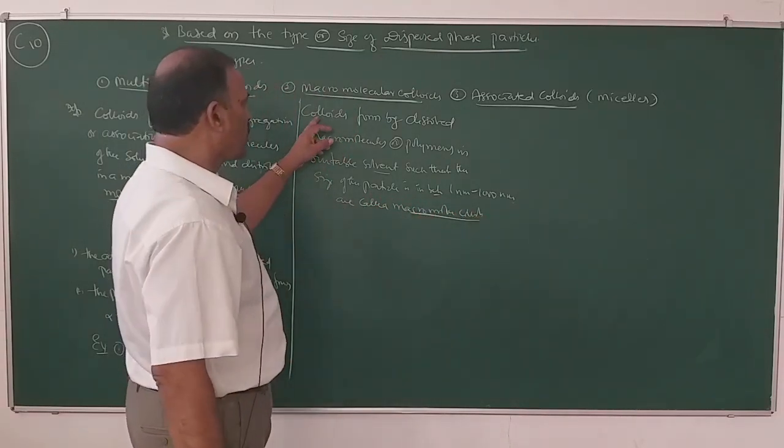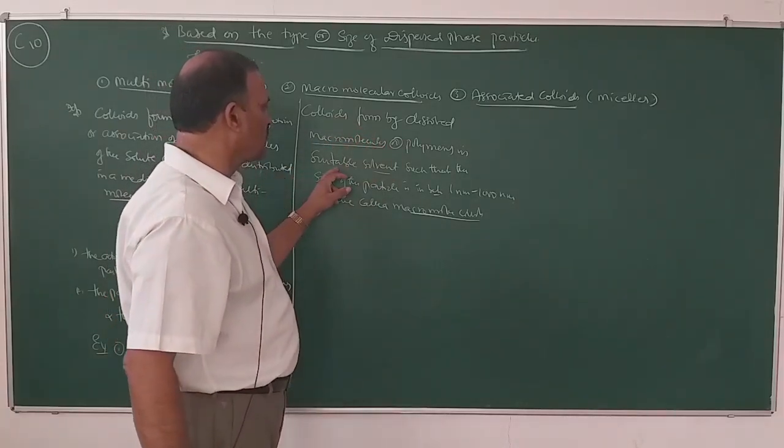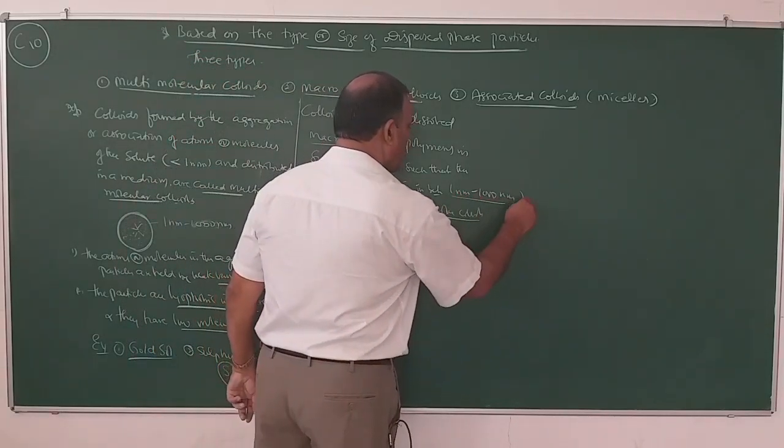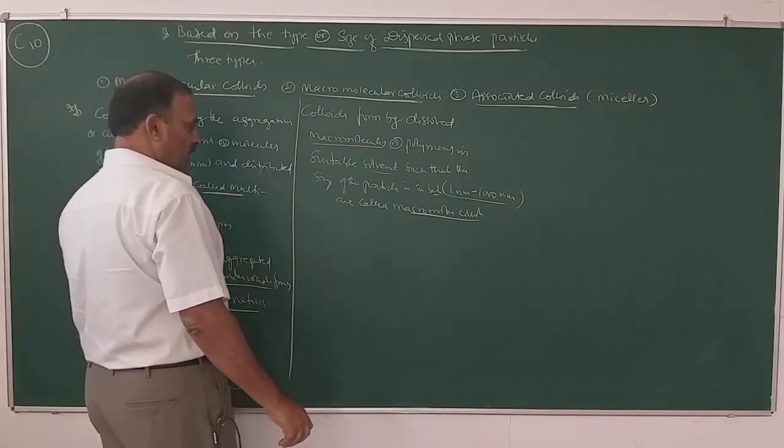So colloids formed by dissolving macromolecules or polymers in suitable solvents such that the size of the particle is between 1 nanometer and 1000 nanometer are called macromolecular colloids.